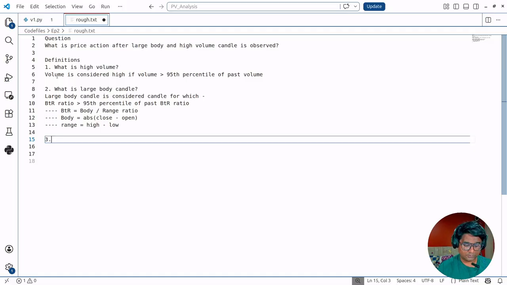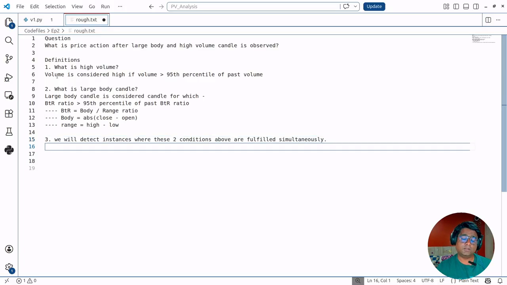Third, we will detect instances where these two conditions above are fulfilled simultaneously.